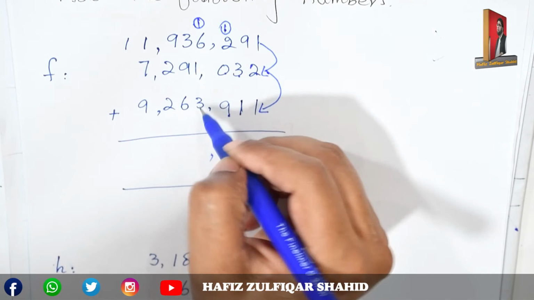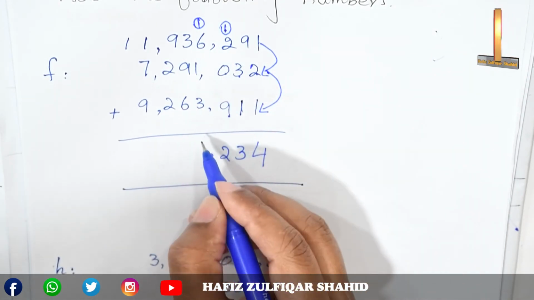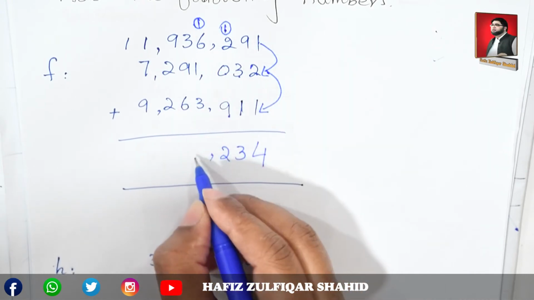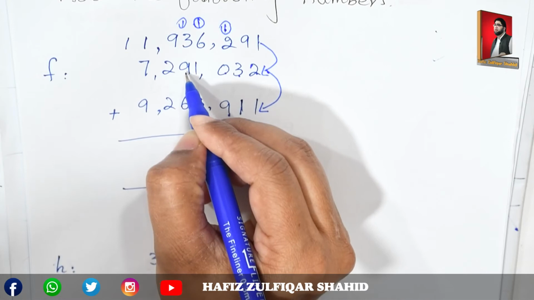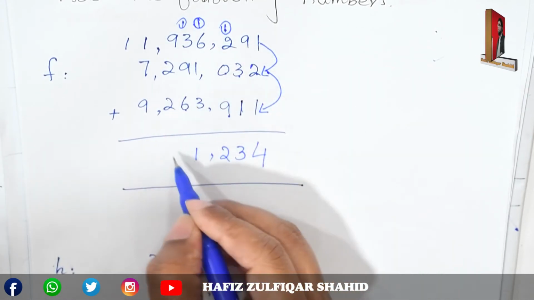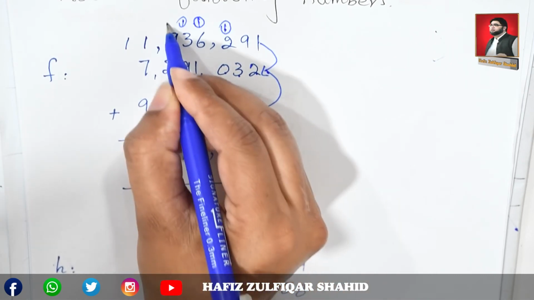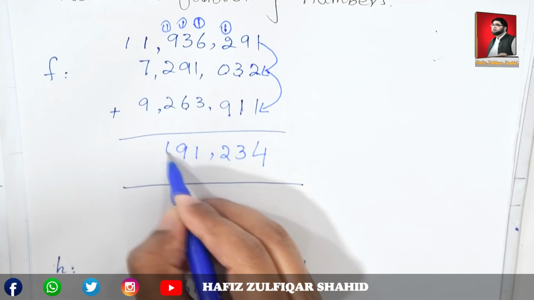Now add all these three numbers. 10 and 1, 11. Take 1 carry. 18 and 1, 19. 9. Take 1 carry. 14.